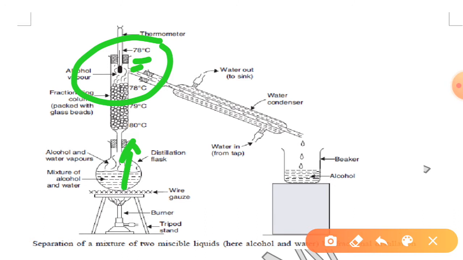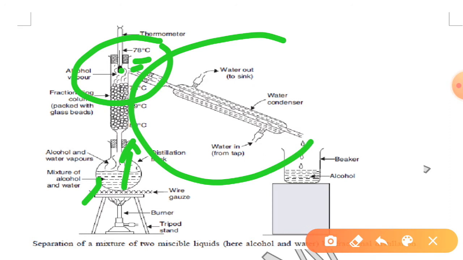At that temperature, the alcohol vapor, they will be present here and water vapor will be below. Okay, and these vapor will be allowed to go to this condensation system, and here they will be condensed and you will be able to separate alcohol.